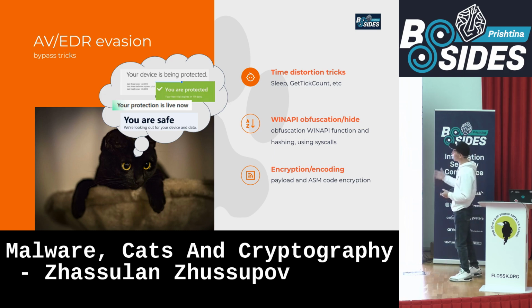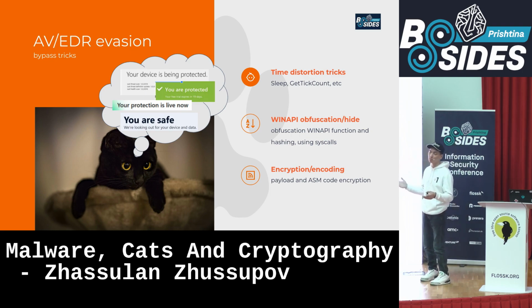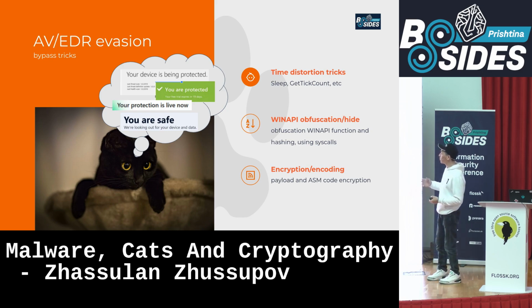The first one is time distortion tricks. It's simple: trying to evade virtual machines and sandboxes, like using sleep and GetTickCount, and distorting timing when you run your malware.